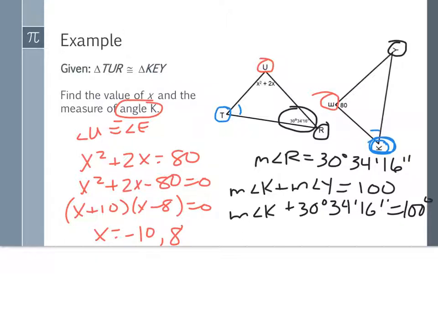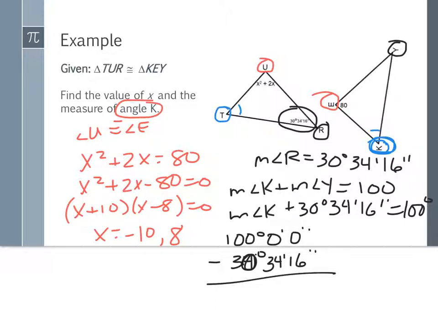I'm just going to do that math over here. 100 degrees, that's 0 minutes, 0 seconds, minus 30 degrees, 34 minutes and 16 seconds. Now remember, we can't take 16 seconds from no seconds, so we have to go back and borrow.